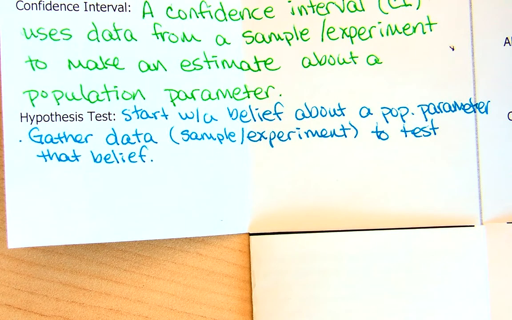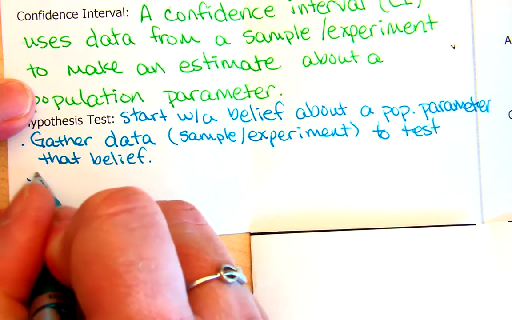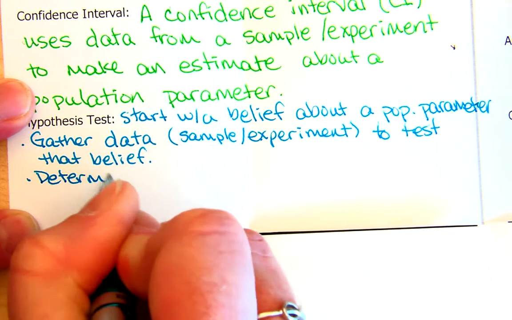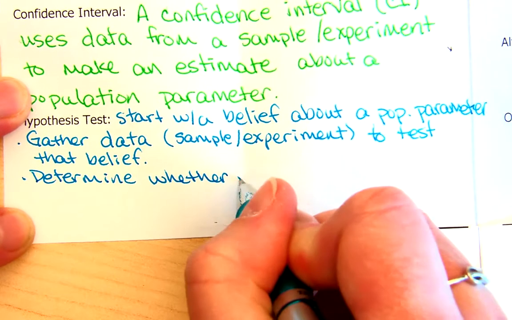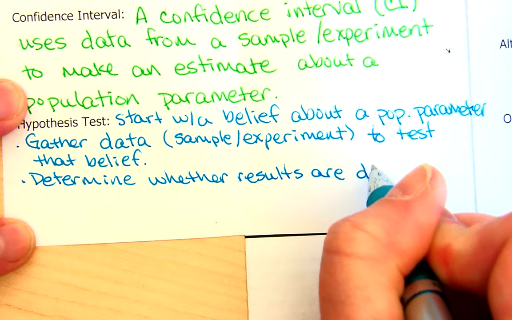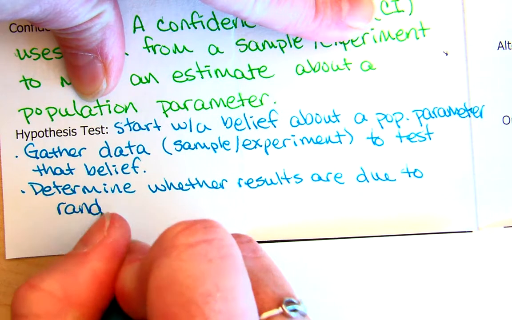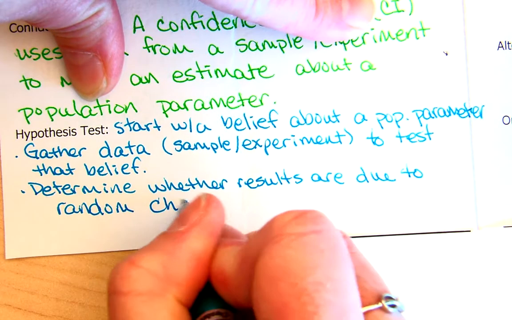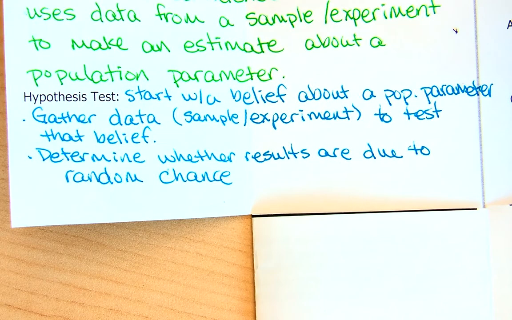So we start with something we think is true, and we're going to gather some data to test it. Then we're going to determine whether the results are due to random chance. So is this something that would naturally occur?